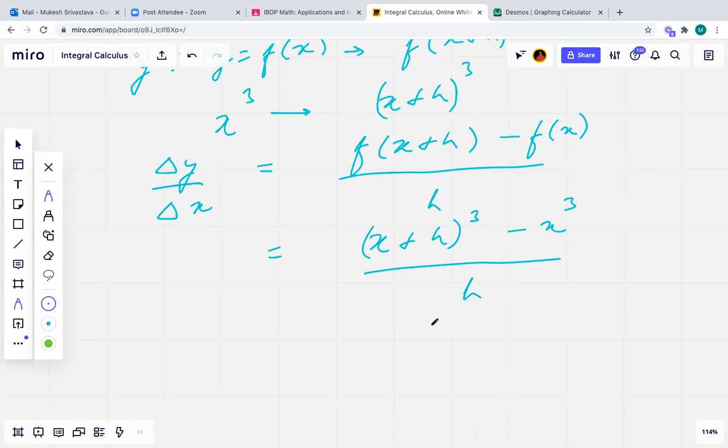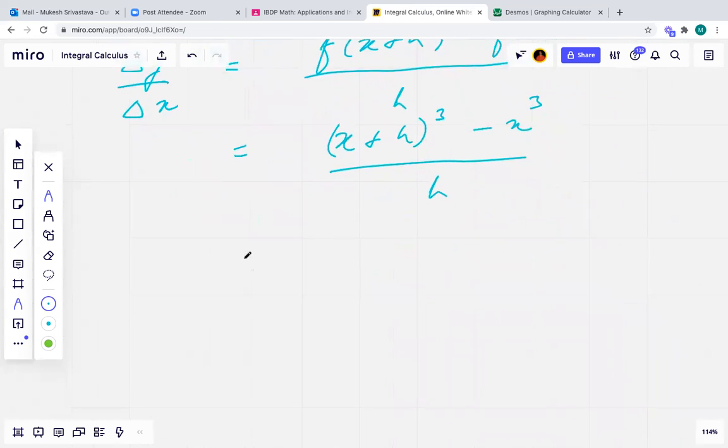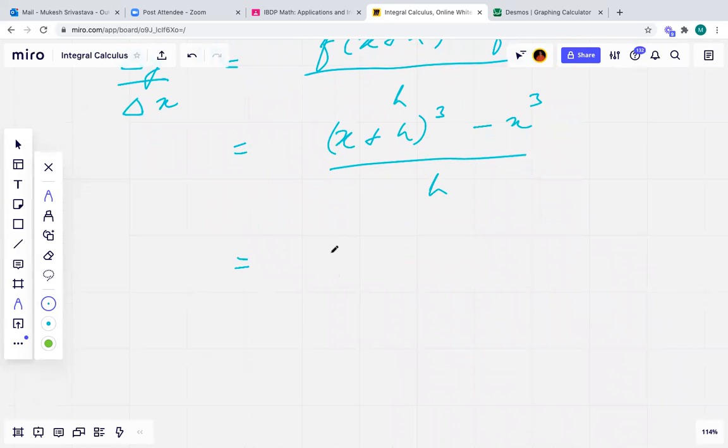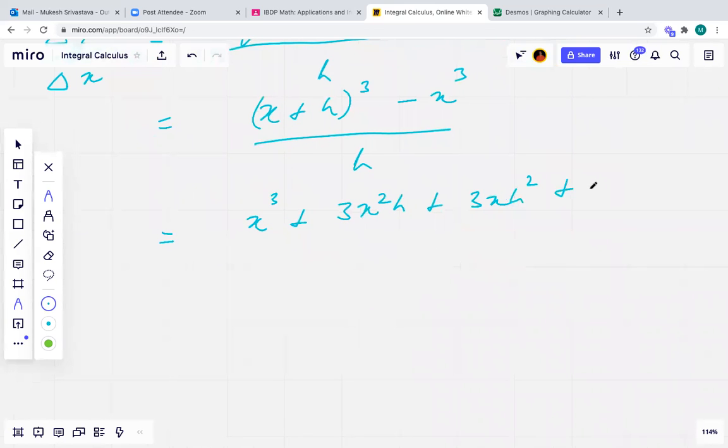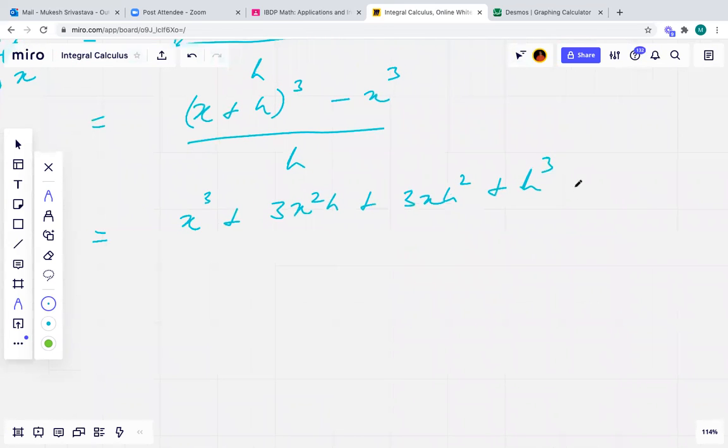What is a plus b cube? x plus h cube is x cube plus 3x square h plus 3x h square plus h cube, minus x cube.